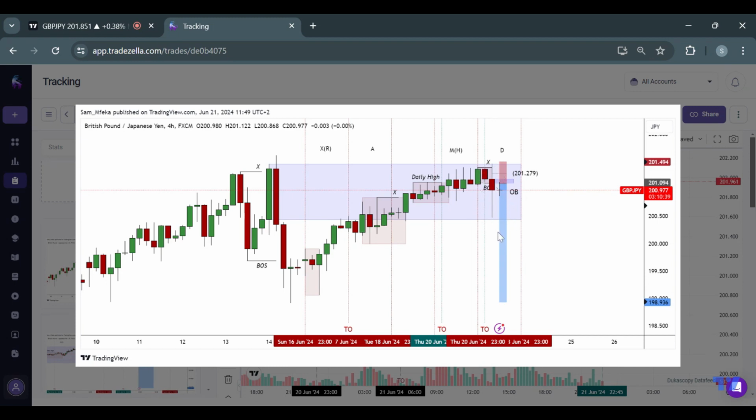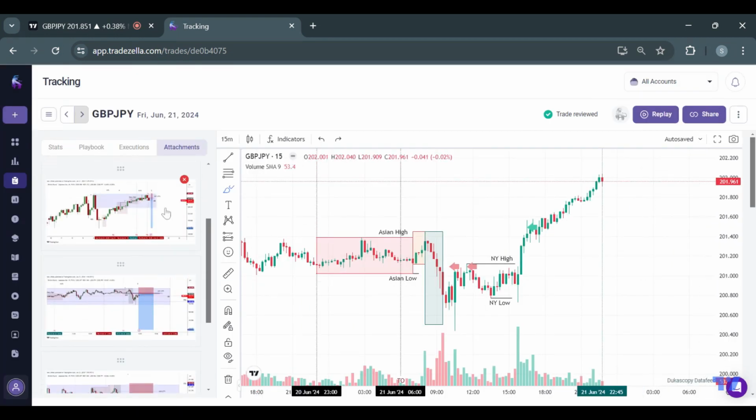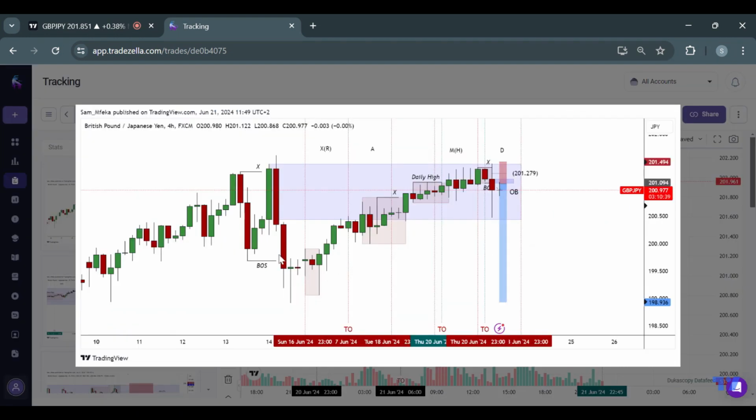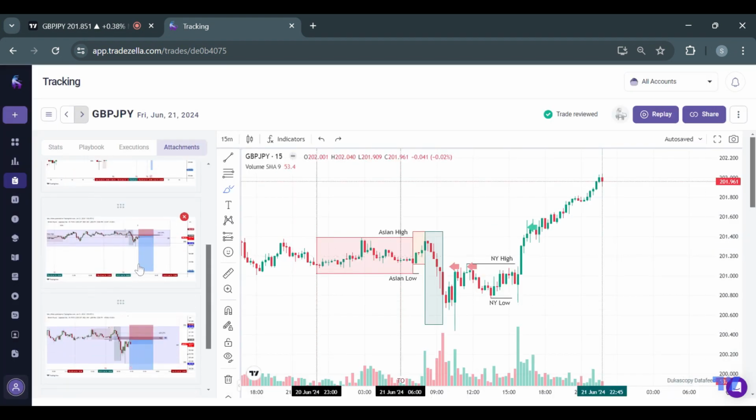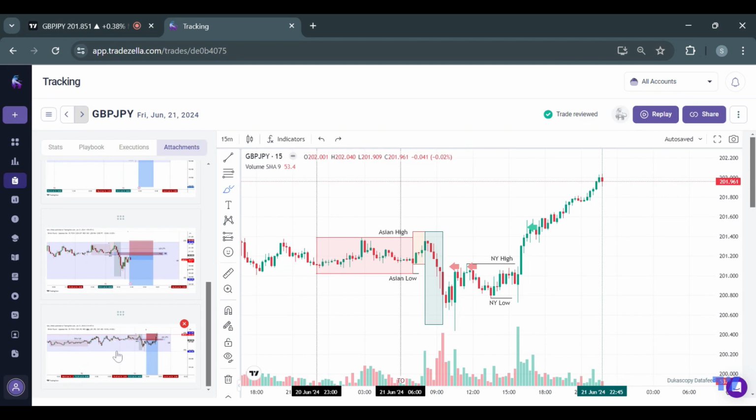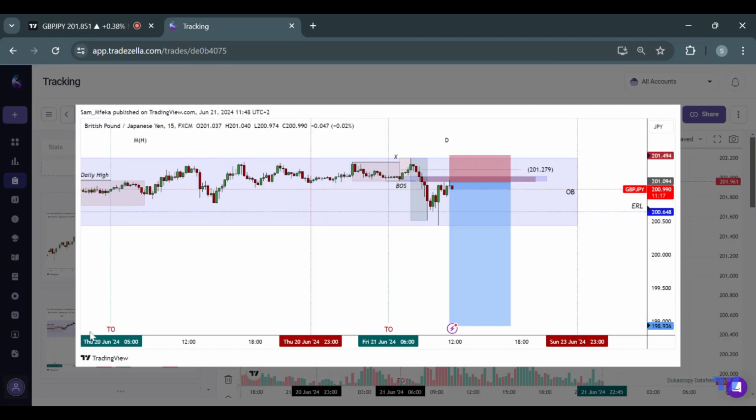You can see a lot more volume here. But then obviously that was just the wick that was formed, and then we distributed to the upside. And then, 15-minute time frames. There was a market maker model that I had also interpreted there on the, because which time frame was it?